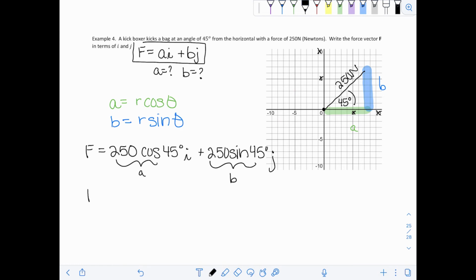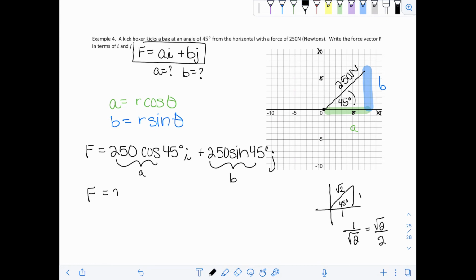So simplifying here, for 45 degrees, if we draw the 45, 45, 90 triangle, we have 1, 1, square root of 2. So that means both sine and cosine are 1 over square root of 2, which could be rewritten as square root of 2 over 2 if we rationalize the denominator.